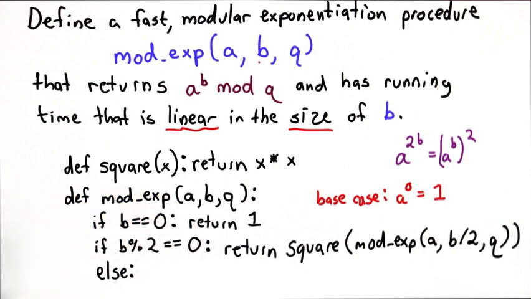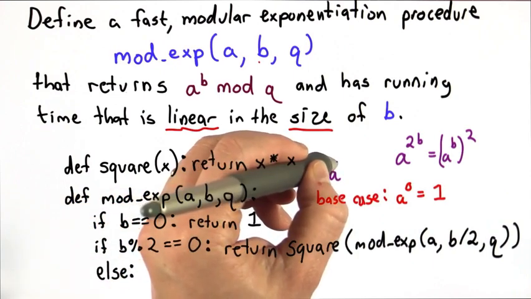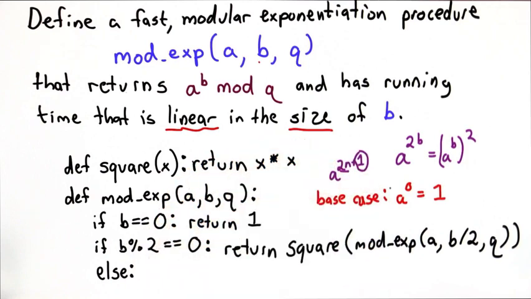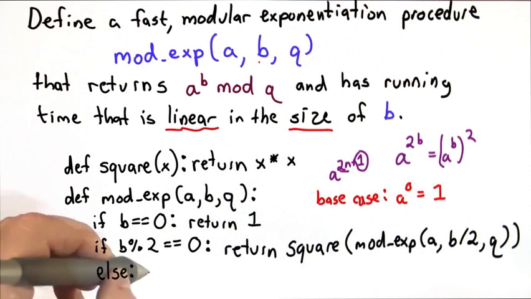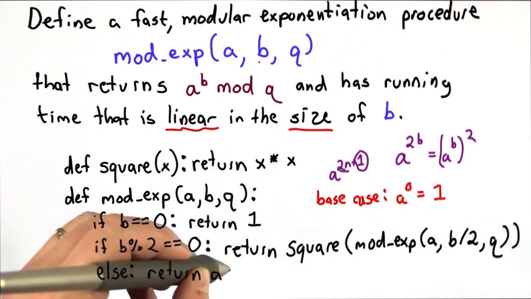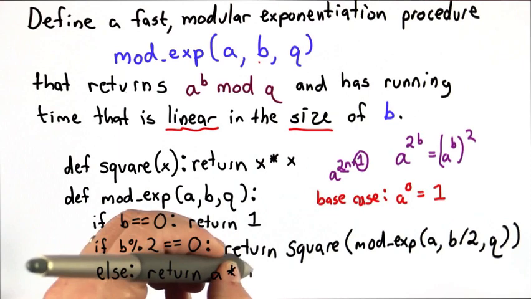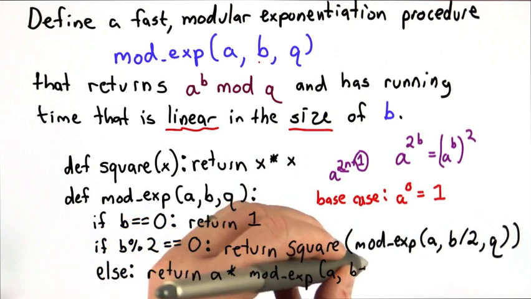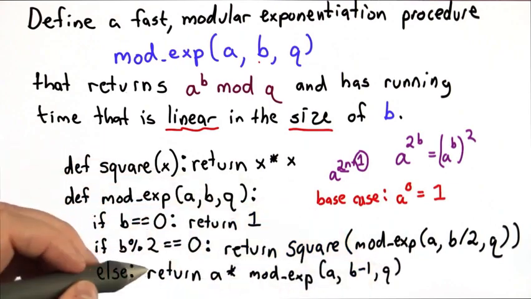If b is not divisible by 2, well, then it's of the form 2n plus 1 for some n. So if we break off the 1, we'll end up with something divisible by 2. So that means we can return the result of multiplying a times the result of modular exponentiation, a raised to the b minus 1 power. Now, this is just fast exponentiation.